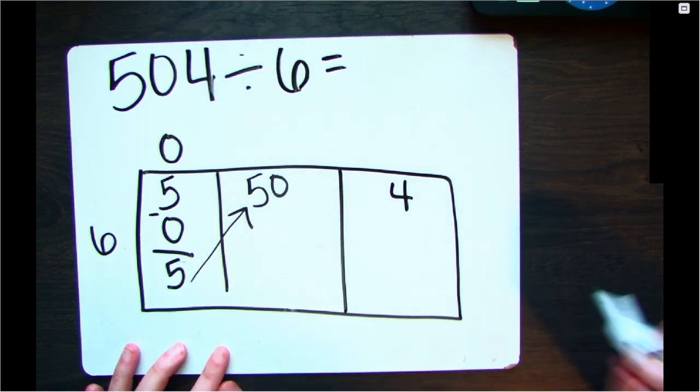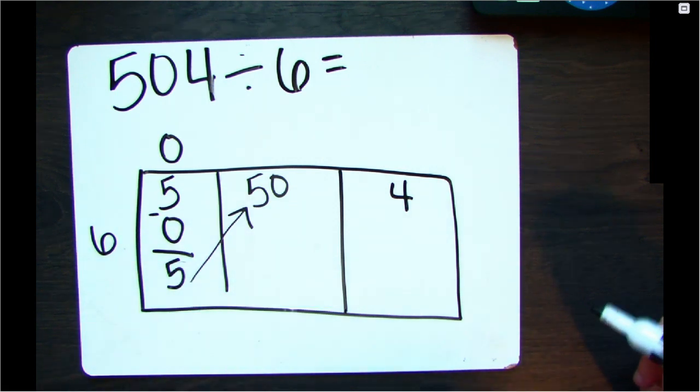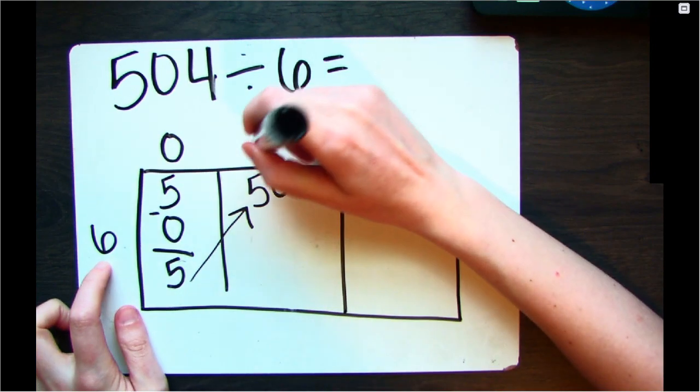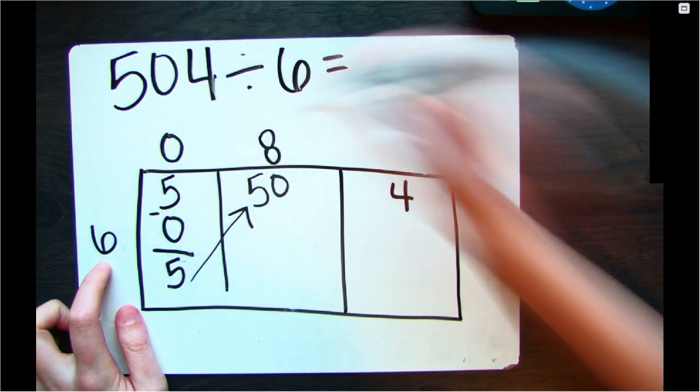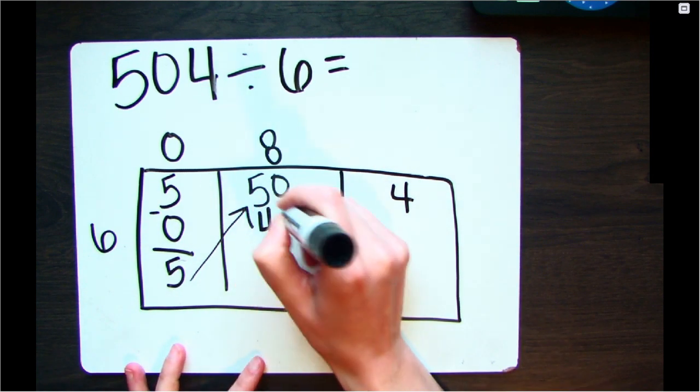And now I can ask myself, what times 6 equals 50? Well, nothing times 6 equals 50 exactly. So I'm going to get as close as I can. And I know that if I multiply 6 times 8, I get 48. So that's as close as I can get without going over.